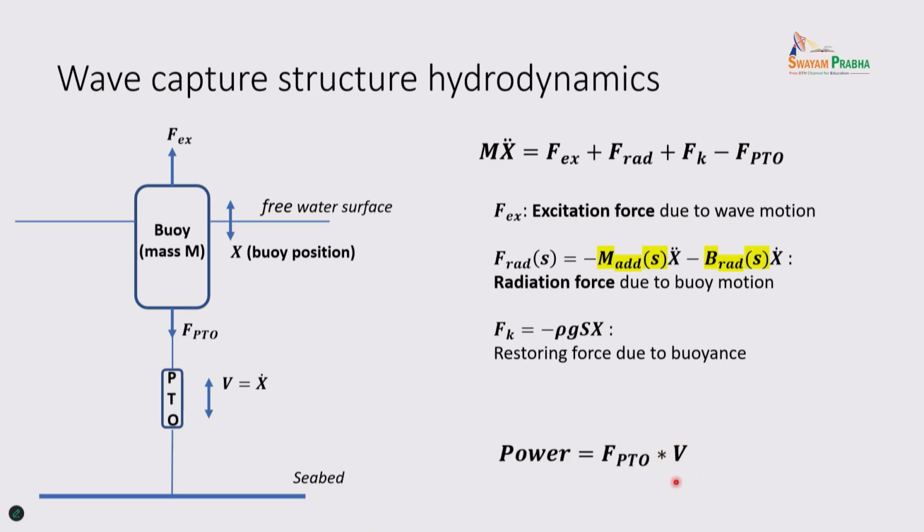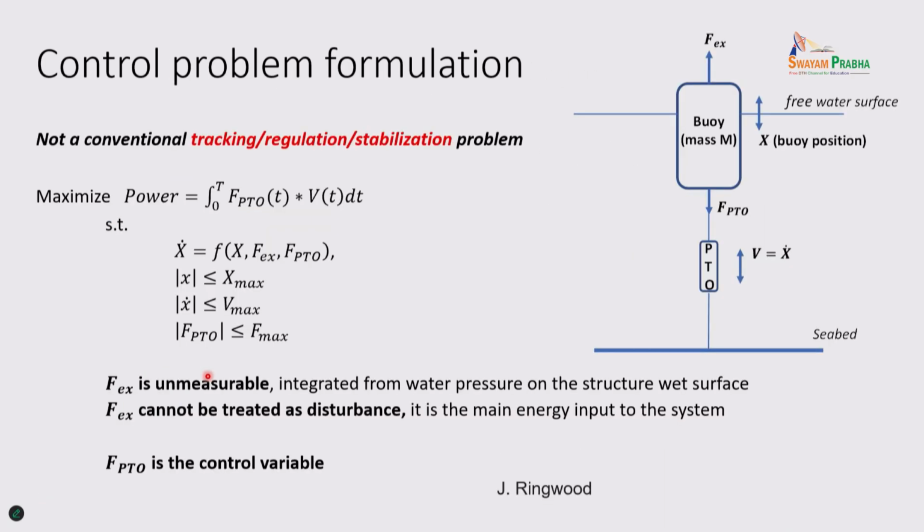PTO force times velocity. And later, when we consider the generator side, the power you really care about is voltage times current, the electricity. Now, for the first step, let us consider this PTO force times velocity first.